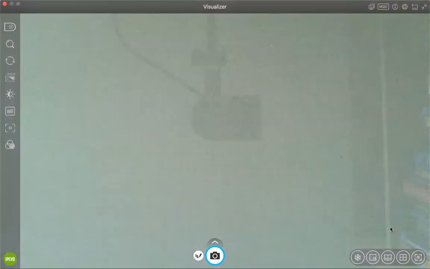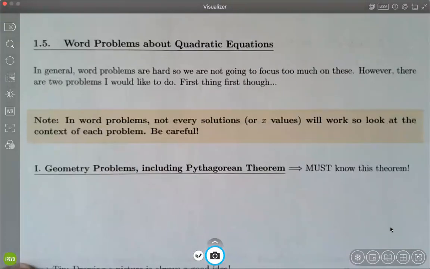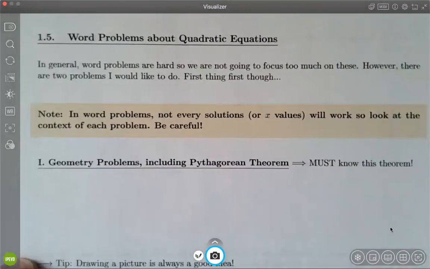So now 1.5. Okay, so now 1.5 is about, I guess, one of your least favorite topics, word problems. Unfortunately, so many people hate word problems simply because people feel comfortable with reading English books like novels, but somehow when it deals with math, people just absolutely hate it.